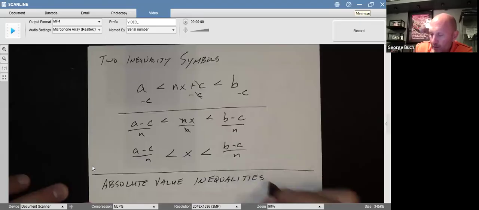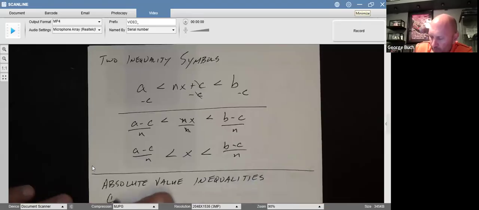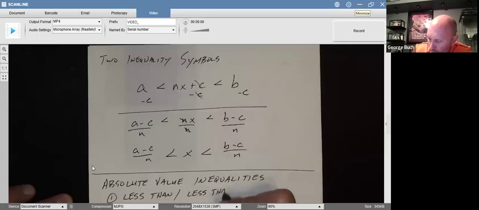And we have two cases, either less than or equal to, or greater than or equal to, if we have that equal sign there.